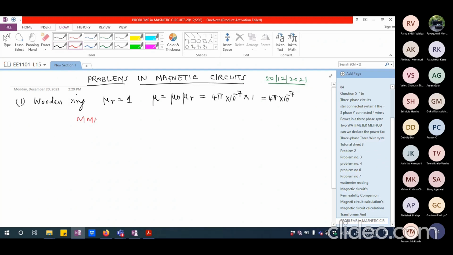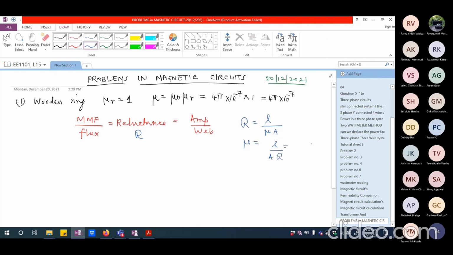We said MMF divided by flux will be equal to reluctance, which should be equal to ampere turns, so ampere divided by Weber. This is the unit for reluctance. And reluctance, if I say this is R, so reluctance R is L divided by mu A. So mu is equal to L divided by A and the reluctance here.